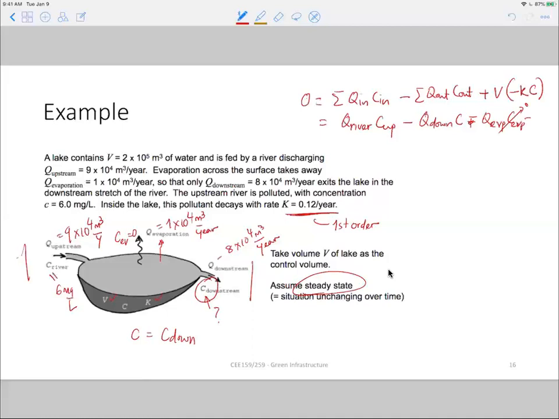Then minus K V C. So if you solve for C, you get Q river times C upstream divided by Q down plus K V. And you can solve for it because every other term is given. Just ensure that the units are similar on both sides.